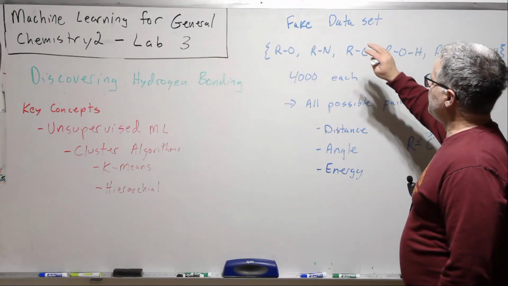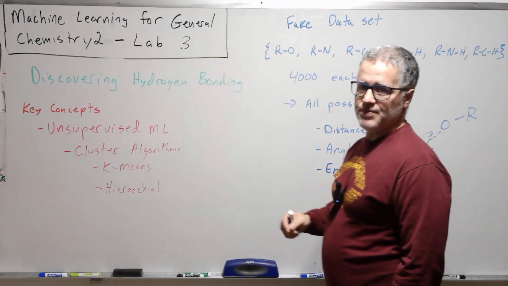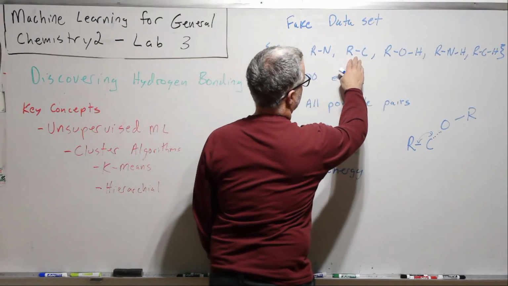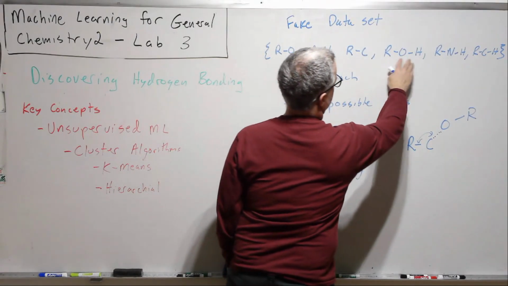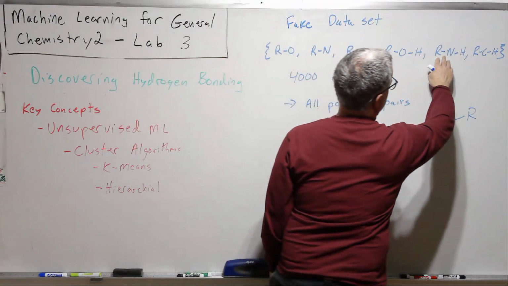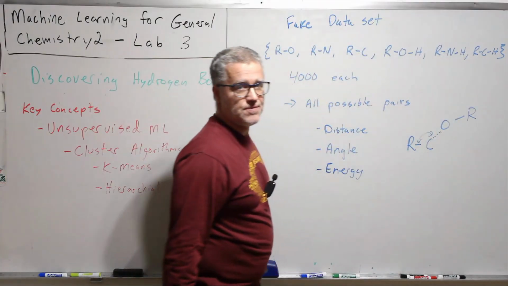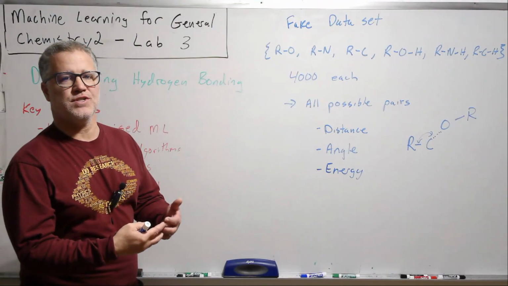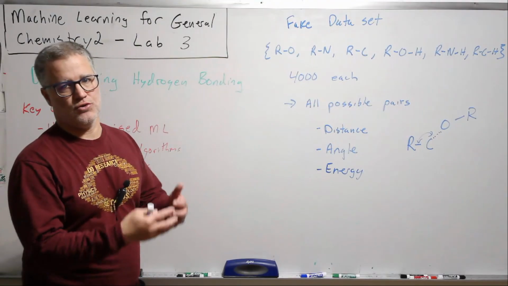The fake data set that we're using today, I just made up 6 different types of molecules: RO, RN, RC, ROH, RNH, and RCH, and they will have the normal rules of hydrogen bonding, but the computer won't know that.